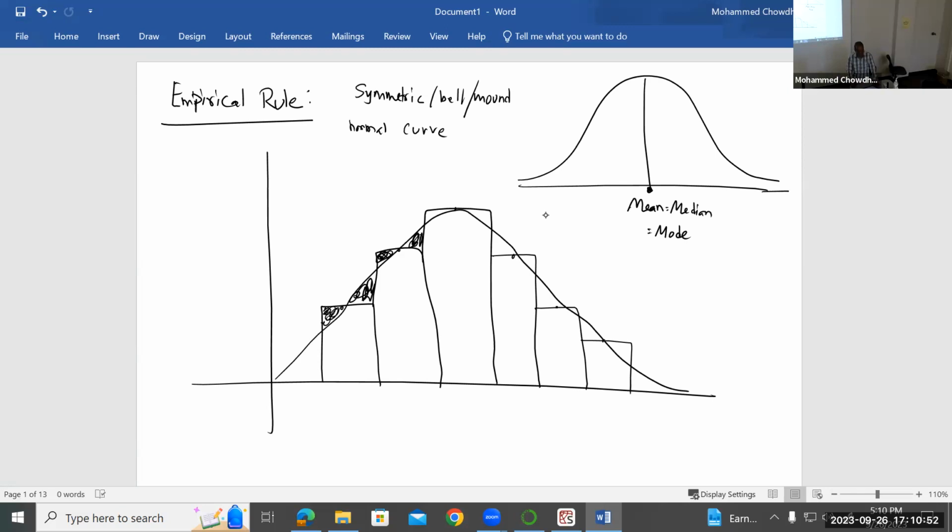So now the purpose is, I want to know what percentage of frequency falls below that. Suppose this is equal to -2. I want to know what percentage of frequency falls below 2 or below 3. Do you understand? I want to know what percentage of frequency falls below 1. The scaling is not right here, but this is what I want to know. That is what is known as the empirical rule. Understand?